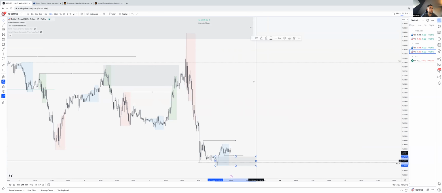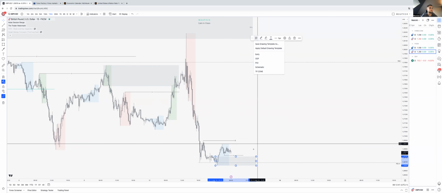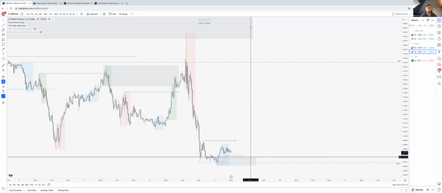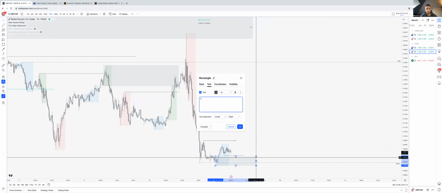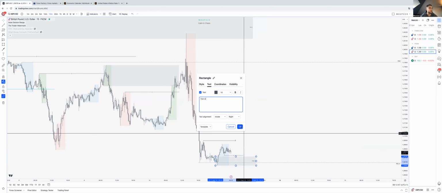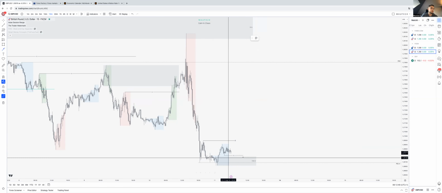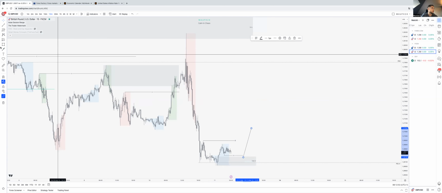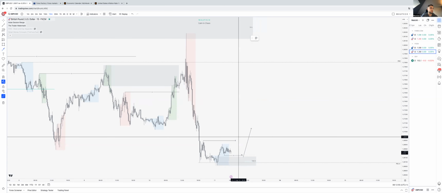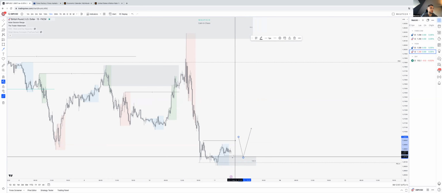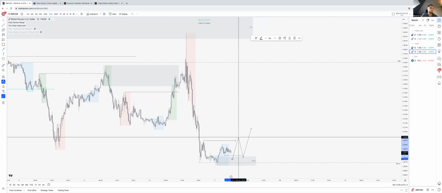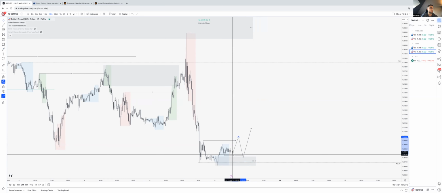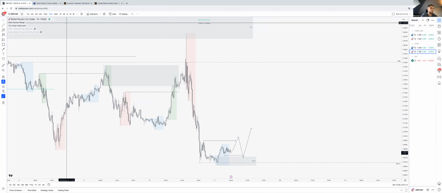Come in here. Oh, sorry, it's already, yes, into that 50-minute demand zone. And from that 50-minute demand zone, longs. Why not yet? Because first we want price to break above to get that bullish structure break. Otherwise, there's no bullish structure to trade from.